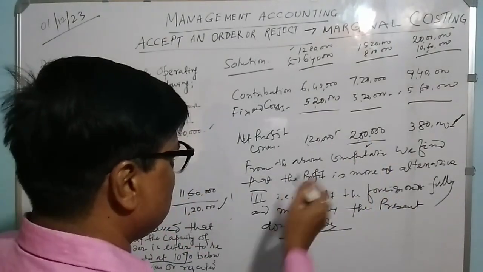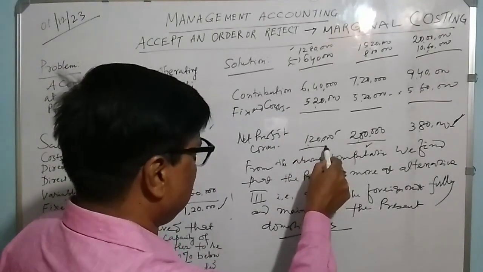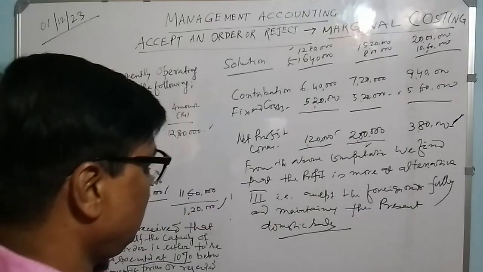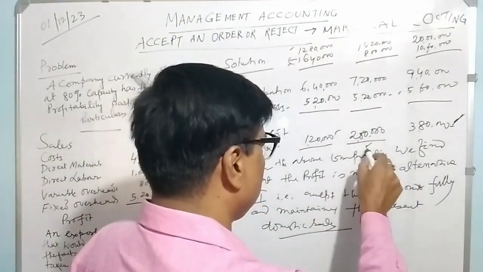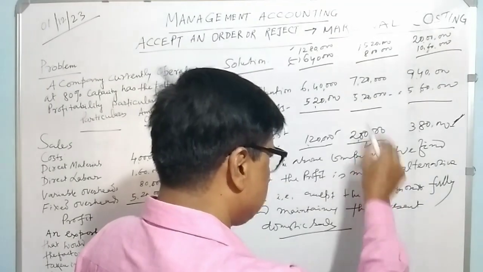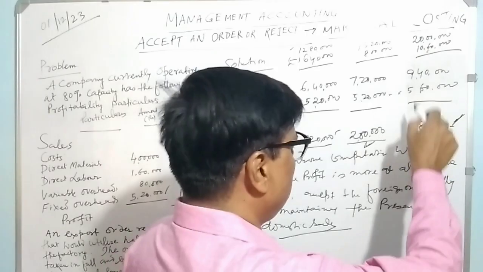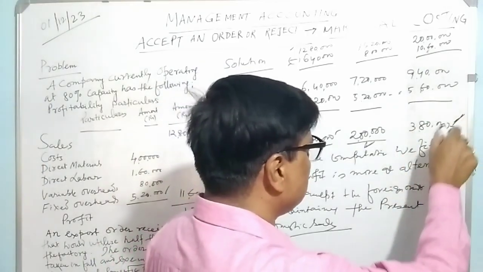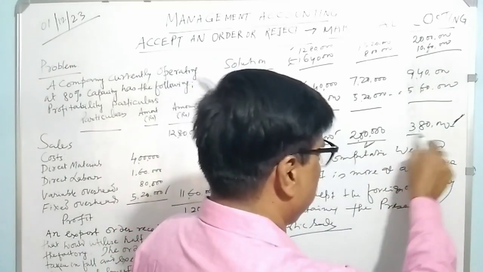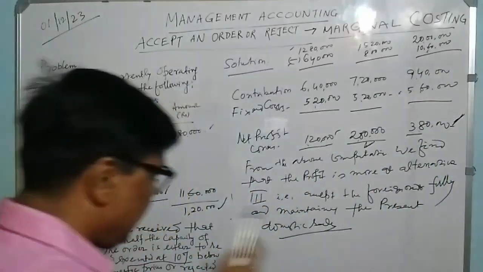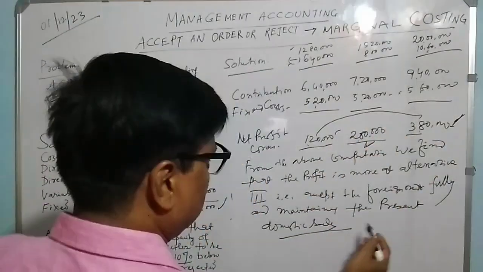So under these situations, you are neither accepting only your domestic order, nor compromising your domestic order to accept the export order. Finally you are executing the domestic order 100% along with 100% of your export order, and ultimately your profit has gone up from 1,20,000 to 3,80,000.